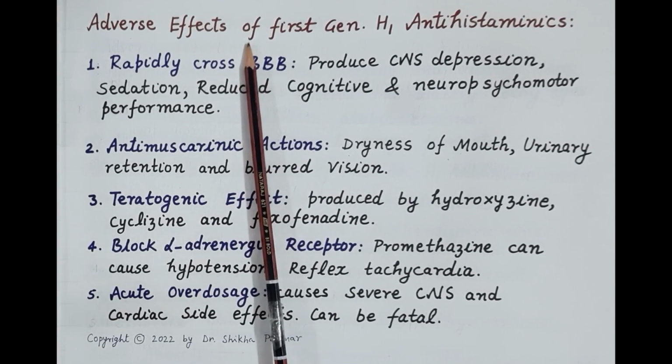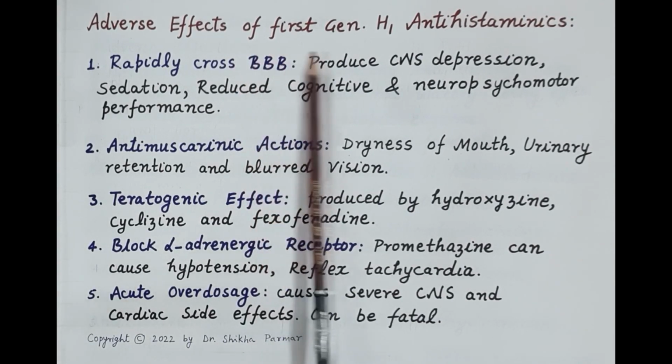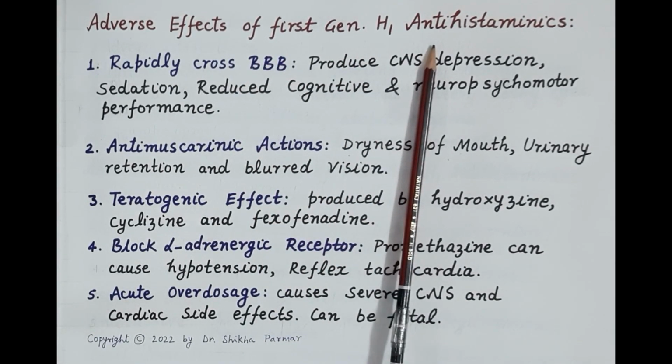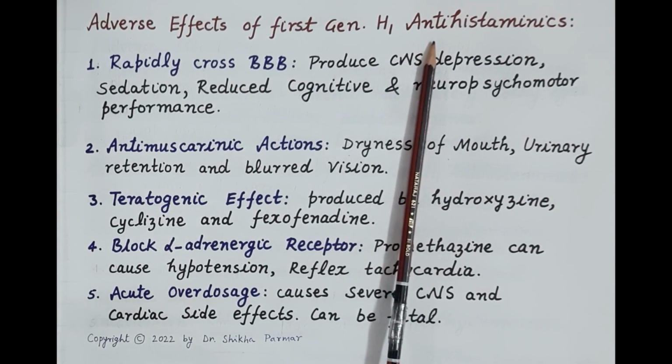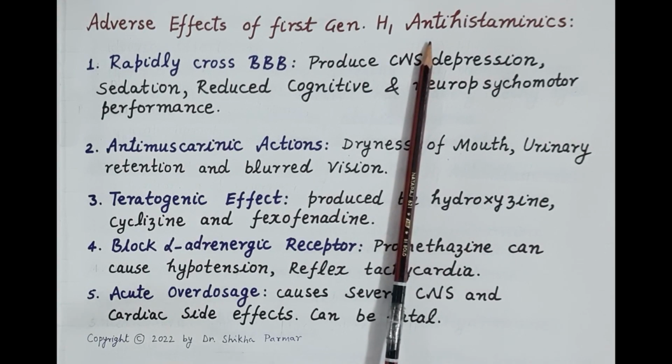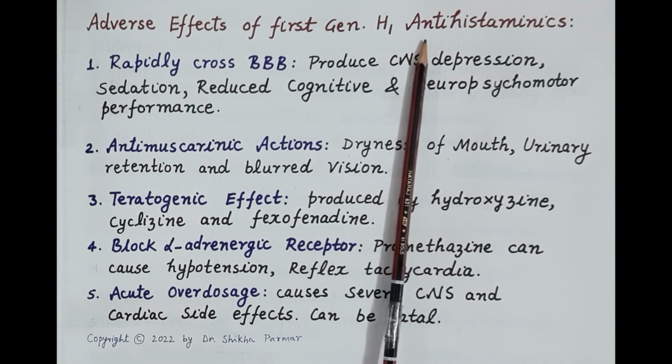Now let's discuss adverse effects of first generation H1 antihistaminics. Since second generation H1 antihistaminics do not penetrate the blood-brain barrier, they are non-sedative or minimally sedative, and they also do not impair psychomotor performance.